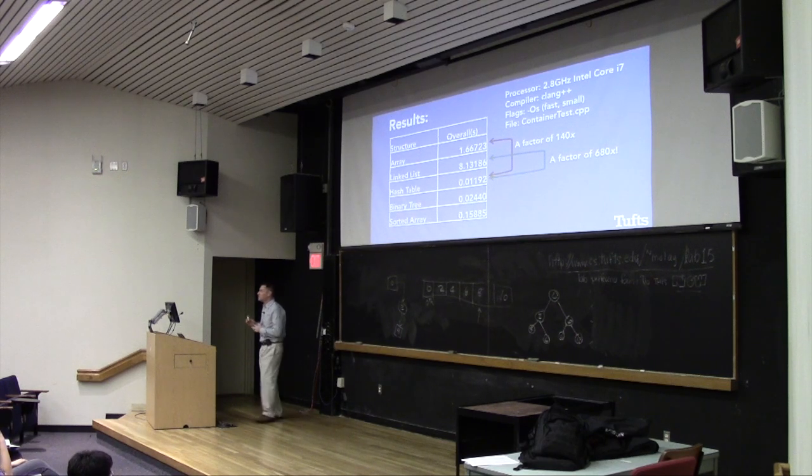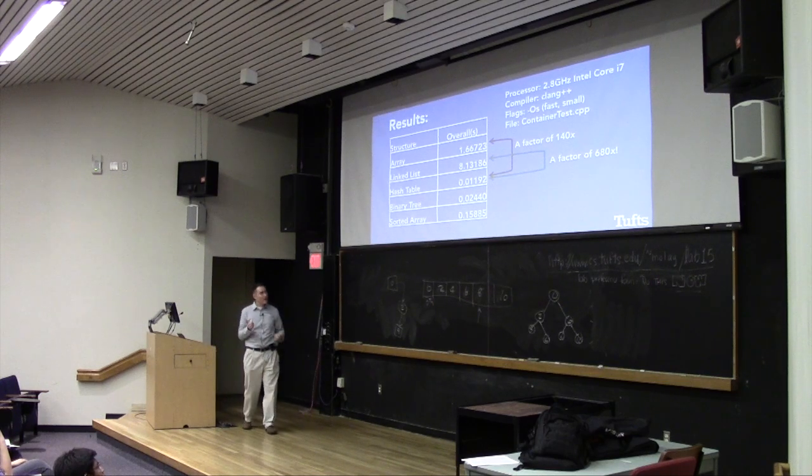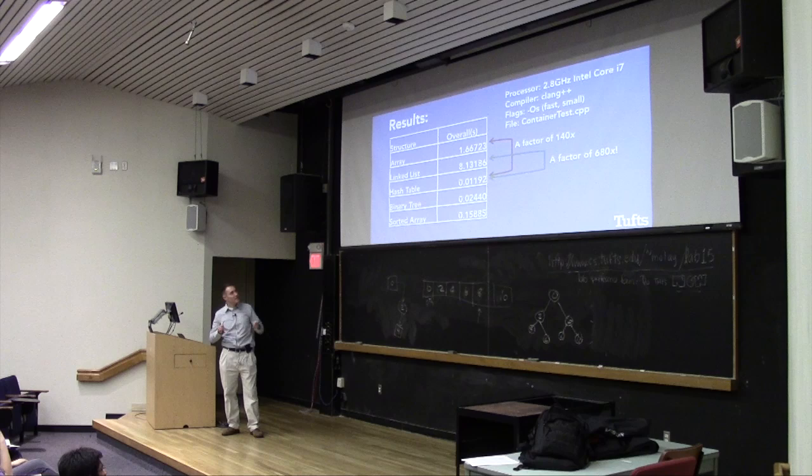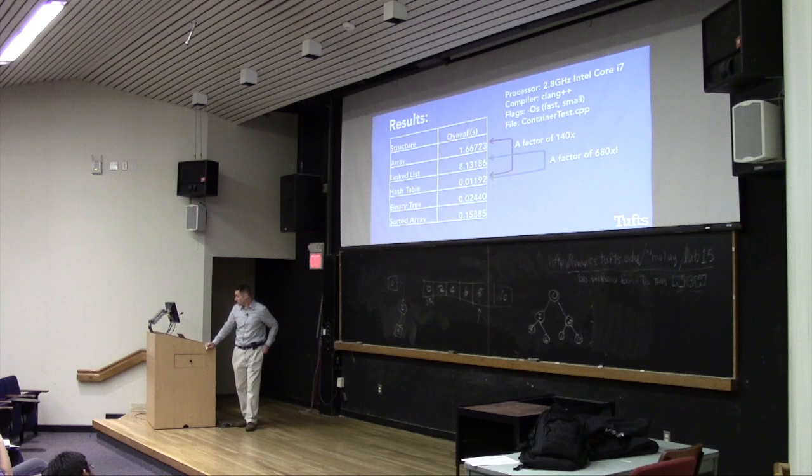Okay, so these are the results of doing this program for the different list structures. You'll notice that the array versus the hash table is about 140 times difference in speed. The linked list versus the hash table is about 680 times difference. Now you say, all right, well, 8 seconds versus 100th of a second, whatever.